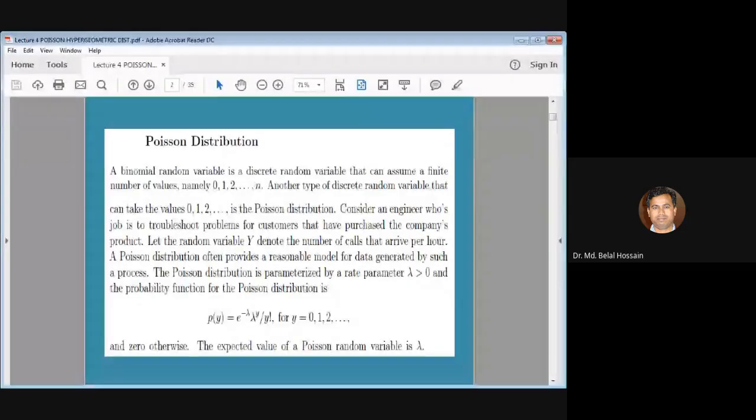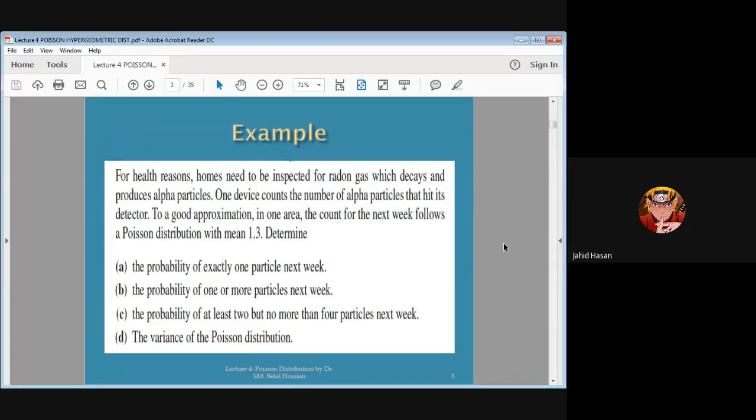So tell me, what is the value from there? So 0.354. We got 0.354.